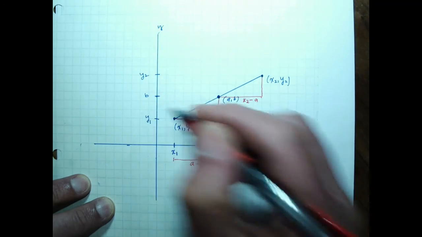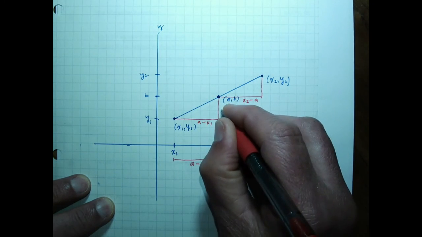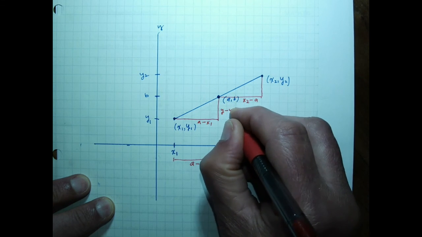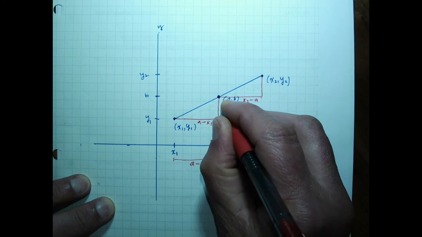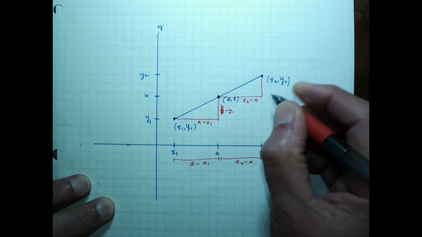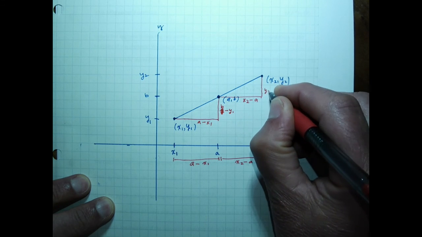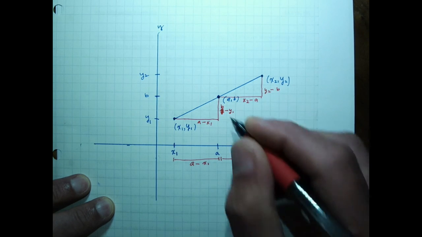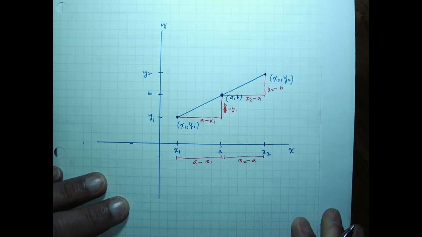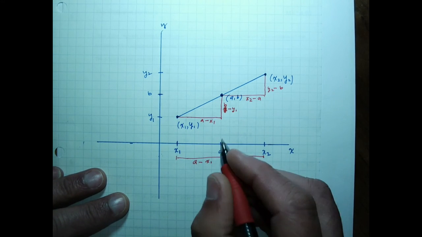Then we can do a similar thing with the y's. This is B minus y1, and this side is y2 minus B. This same diagram is on the handout.